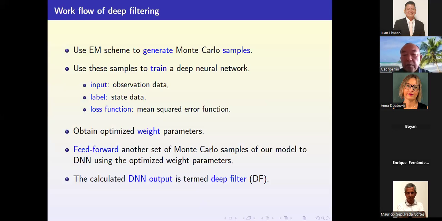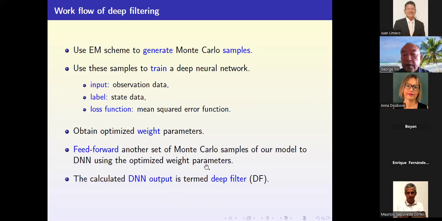So basically, we use the Euler-Maruyama scheme to generate Monte Carlo samples. We use the samples to train a deep neural network, and then we obtain the optimized weight parameter. Then we feed forward another set of Monte Carlo samples through the model with the optimized weight parameter.